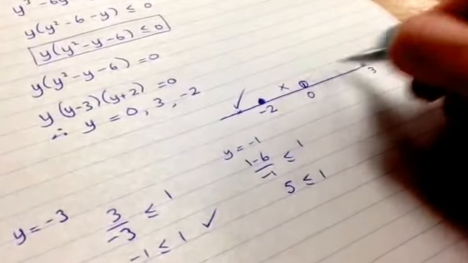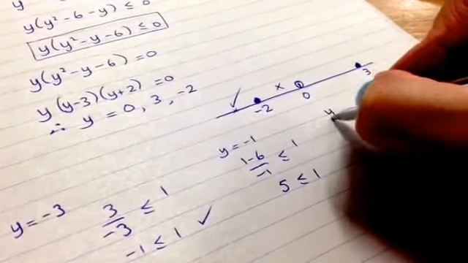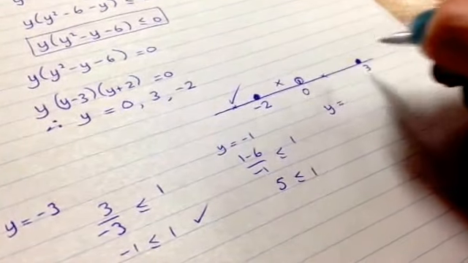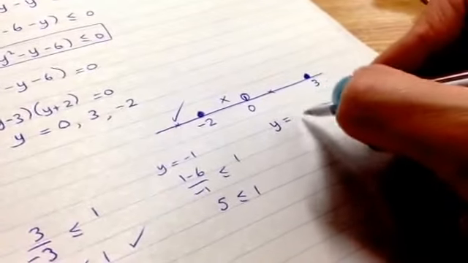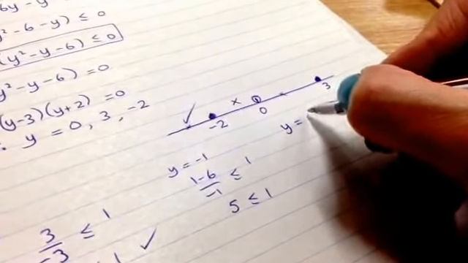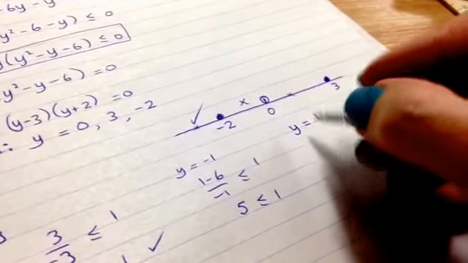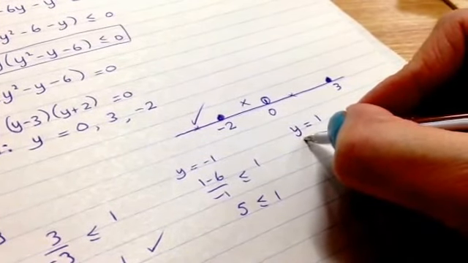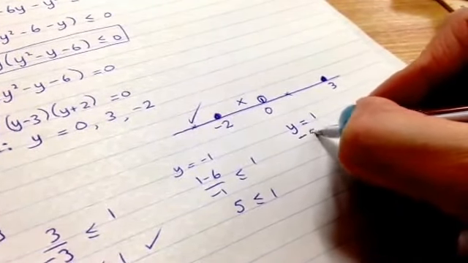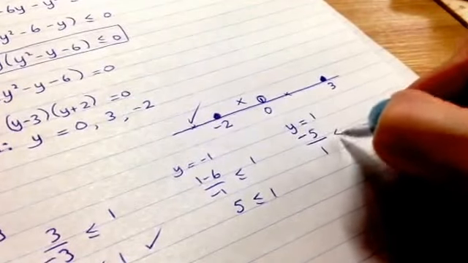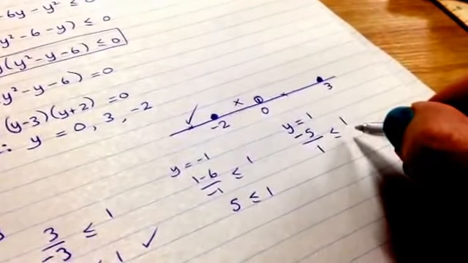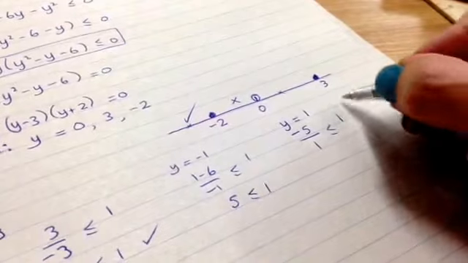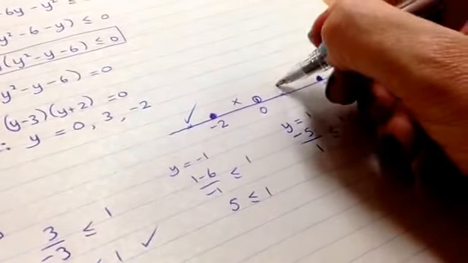Take another test point from 0 to 3. So when y equals 1, just put a cross there so you know you're taking it. Substitute into the original. 1 squared is 1. 1 minus 6 is minus 5 over 1, less than or equal to 1. Minus 5 is less than or equal to 1. That's true. So tick that part.